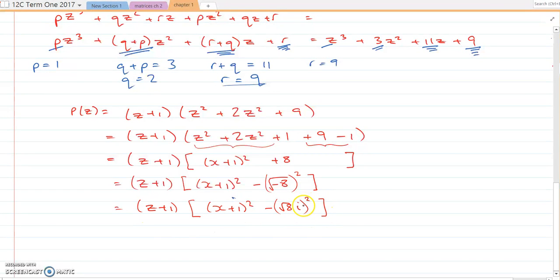So now we've got a difference of two squares here. Z plus 1, that's 1. And a difference of two squares, so we've got, why did I put x? It should be Z.